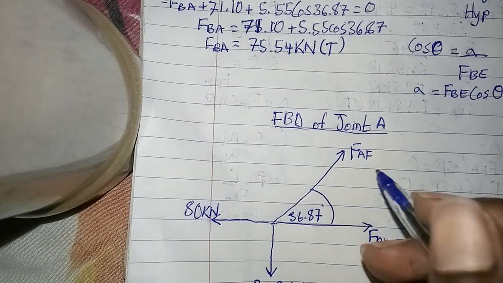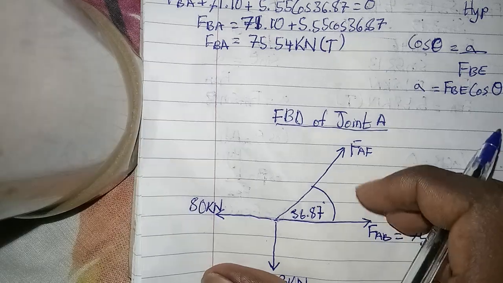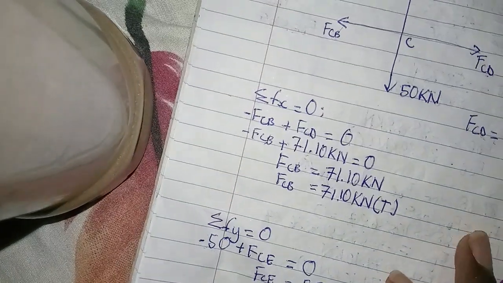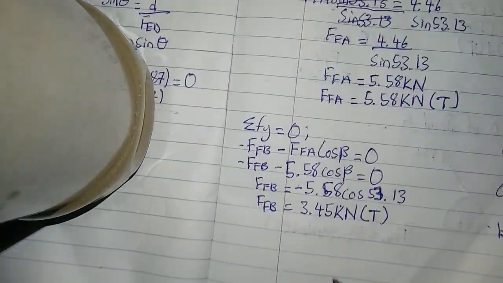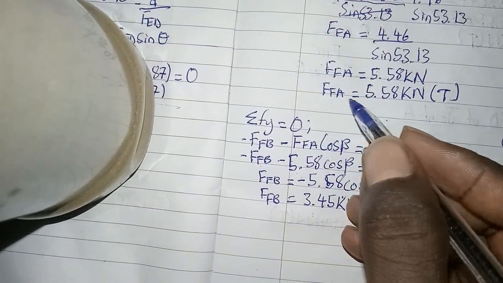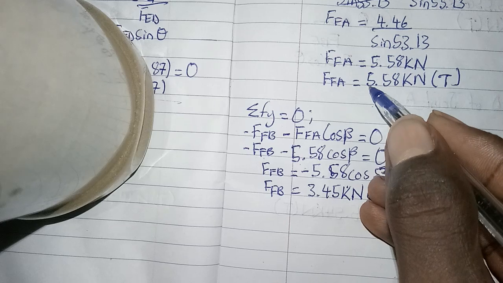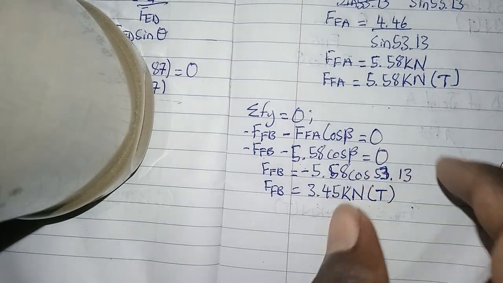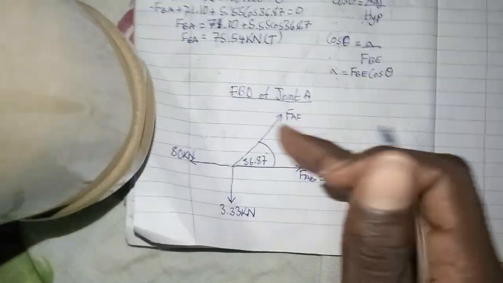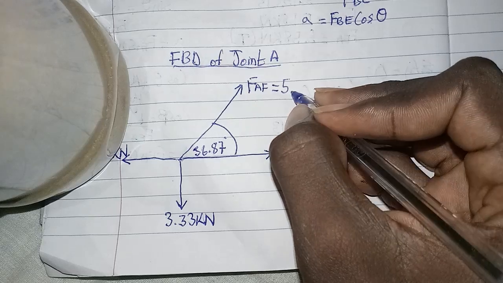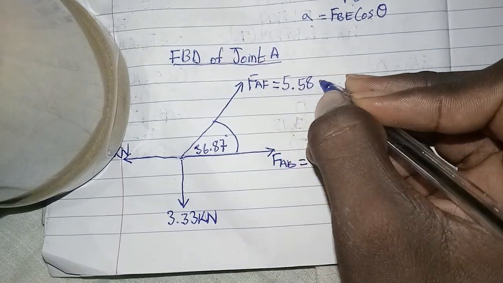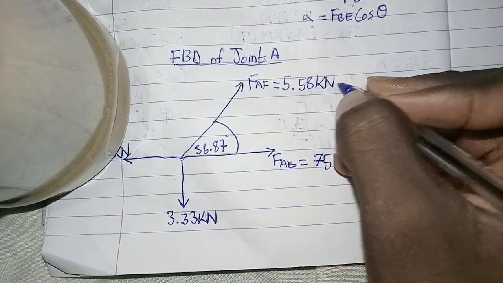We know force AF from joint F. Force FA was equal to 5.58 kilonewton, under tension.